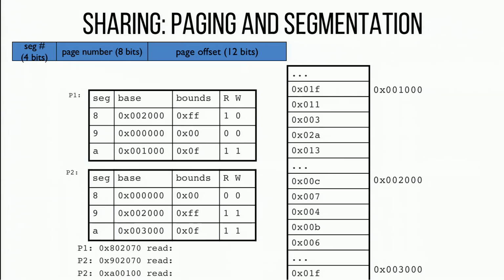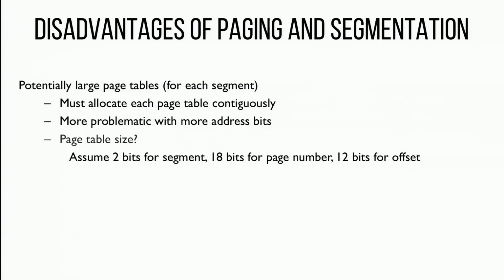So it is possible that you could have two processes with different virtual page numbers that end up mapping to the same physical page, and then they'd end up seeing the same data at that address. So you can have sharing at these other levels, but I think conceptually it makes the most sense to think of it as you have sharing of segments. It's a shared memory segment, and whatever you have there is also being shared with another process.